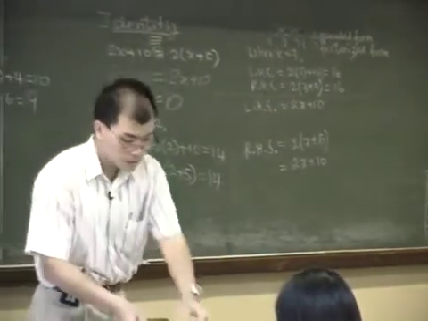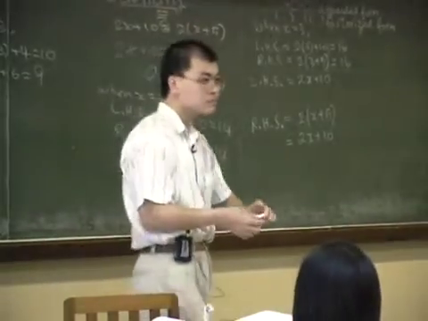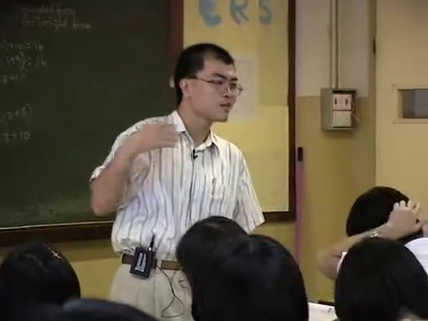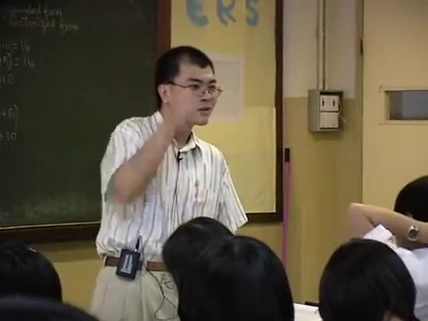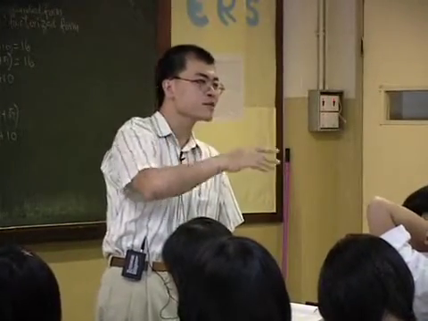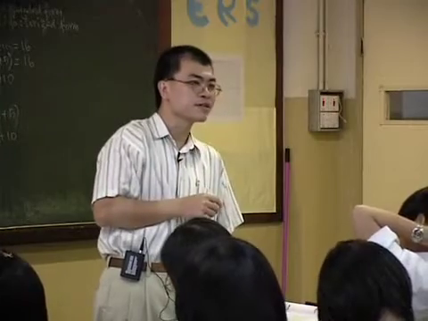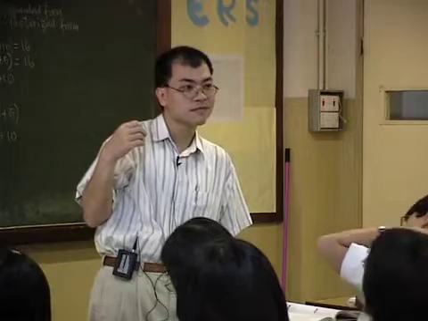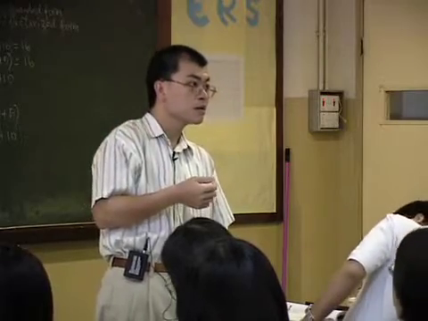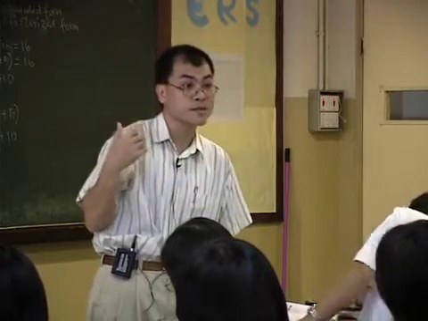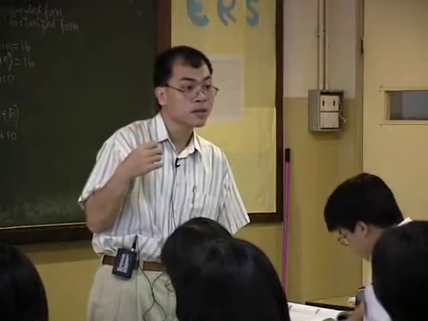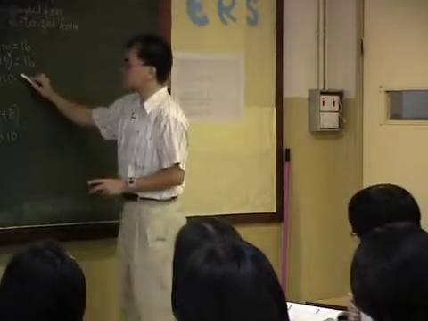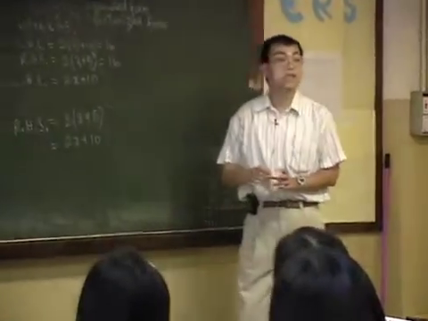Okay? Alright, then how to prove identity? Do you think that we try all the values for x? First try, second try, third try, and then 5 trials. Then I can conclude they are identity. No, because there may be the 6th trial, it fails. Alright? Therefore, to prove identity, we'll use this method.